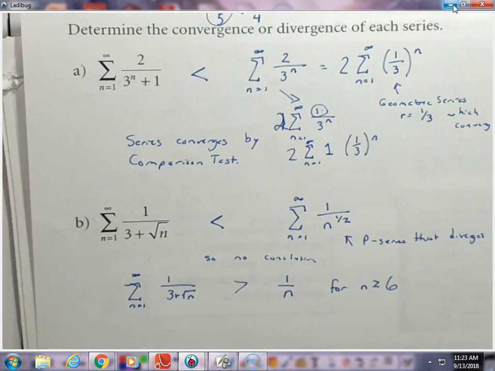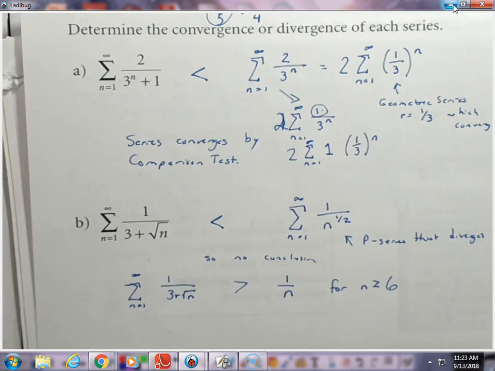As far as choosing this one, to be honest, if my direct comparison did not work, and you just gave this to me on an average day, this is not what I would do. I wouldn't compare with 1 over n, I would use the limit comparison. So usually if I know what to compare it to, direct comparison doesn't work, the limit comparison does, and I wouldn't be grasping around for other things like 1 over n to compare to. But it's nice because it does let me illustrate to you that from some point on.